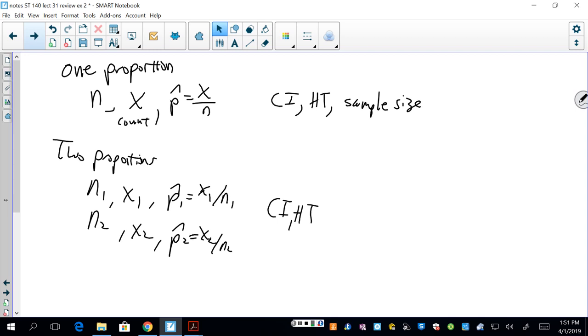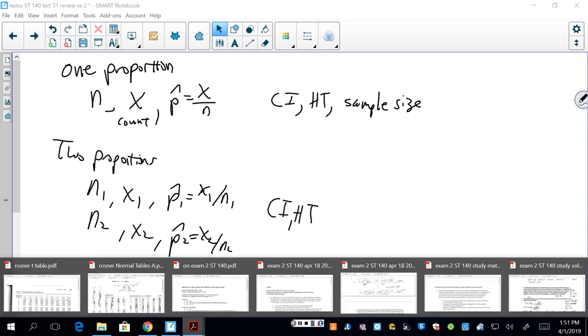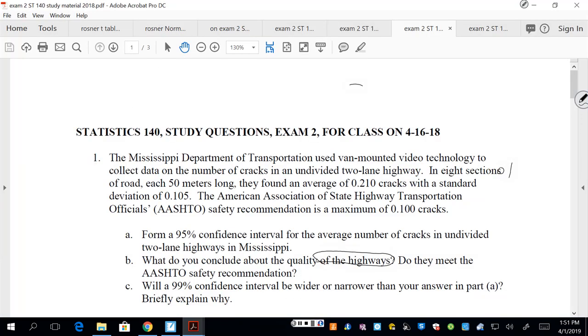There are sample size formulas for this one too, but we haven't really done those. That wasn't really asked on the last one, but on the other practice materials. These were some of the other study materials.